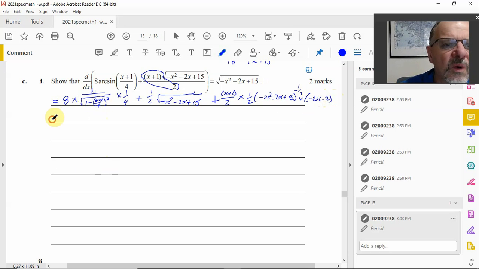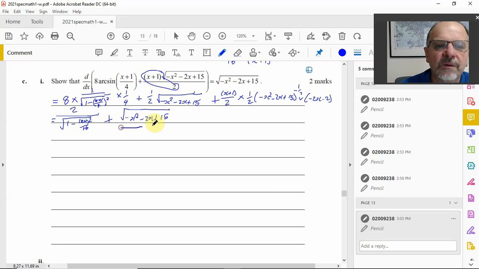So 8 times 1/4 is 2. 2 over the square root of 1 minus (x plus 1) squared on 16, plus the square root of negative x squared minus 2x plus 15 on 2.